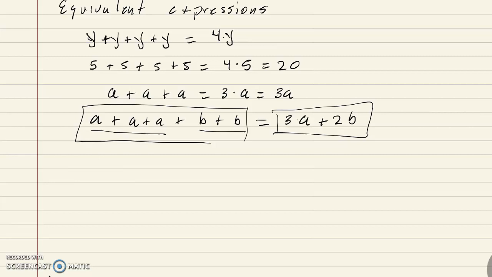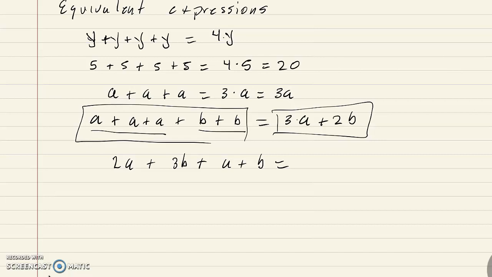And so let me show you another example. So let's say you had something like 2a plus 3b plus a plus b. How would that be equivalent to if you were to think about this? You think about equivalent expressions like that, you have to think about, well, what do we add to this in order for us to be able to have something similar to this?